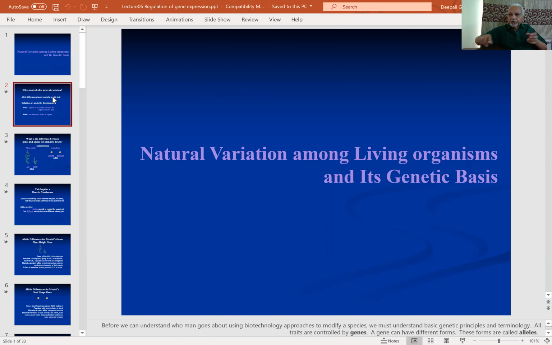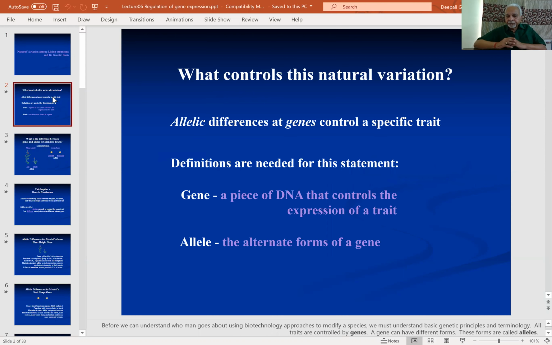For example, the question of what controls this natural variation: we now understand that it is the allelic difference which exists at the gene level which controls a specific trait.